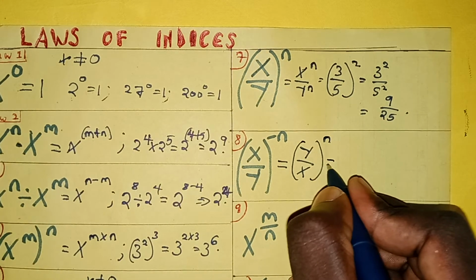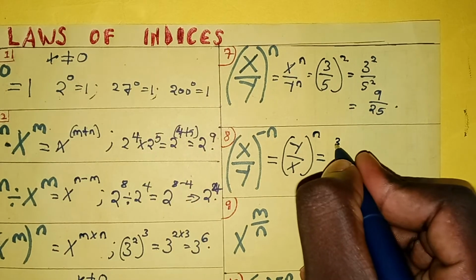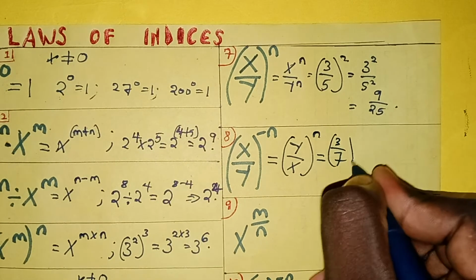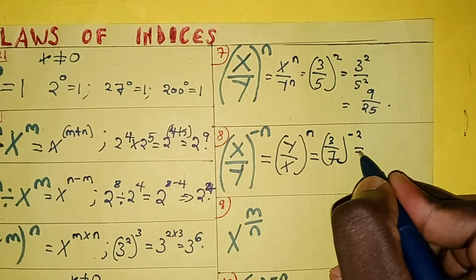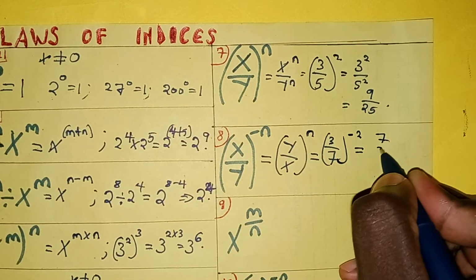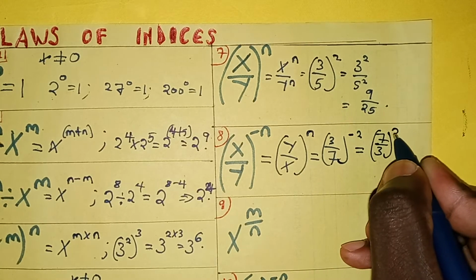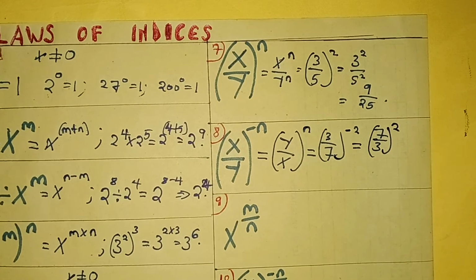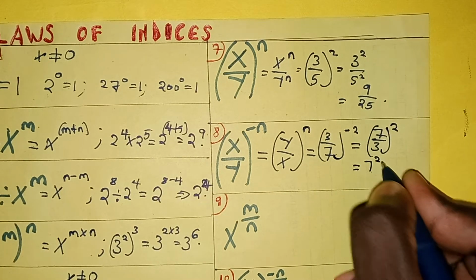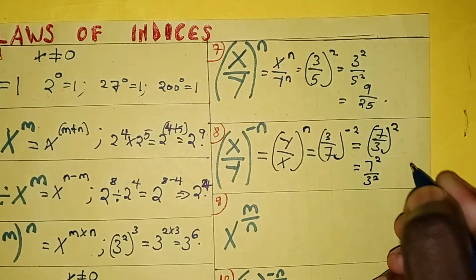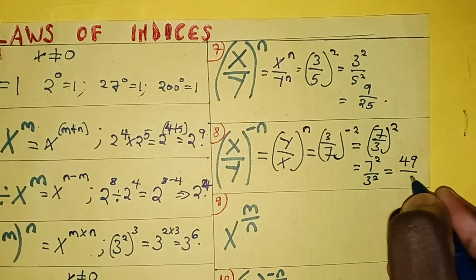Now, example, we have 3 over 7 raised to negative 2. It will be 7 over 3 raised to power positive 2, which is 7 power 2 over 3 power 2, which is equal to 49 over 9.